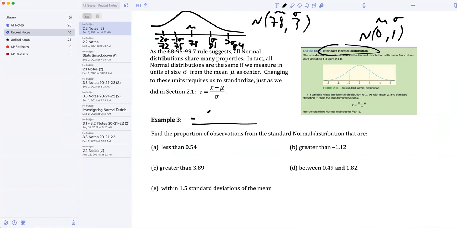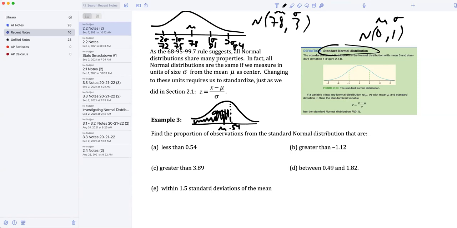A quick little sketch here. Let me introduce you to your new best stats friend.